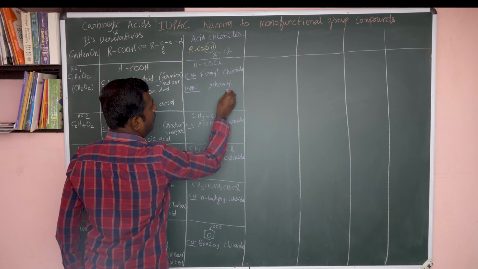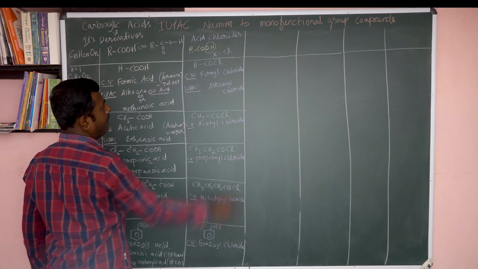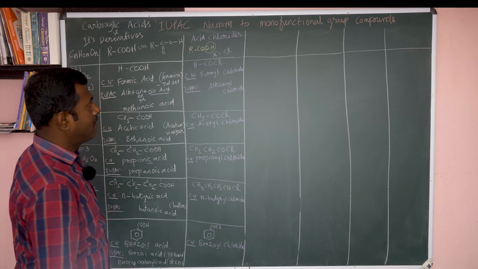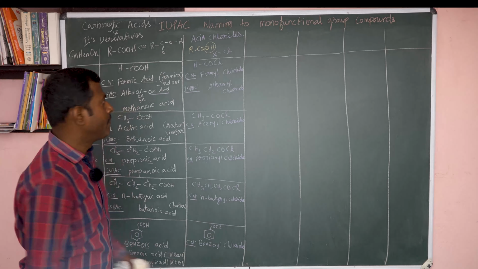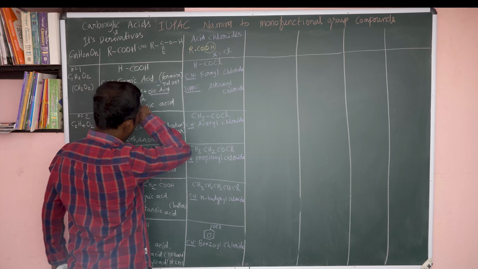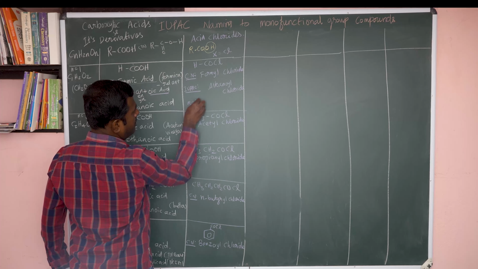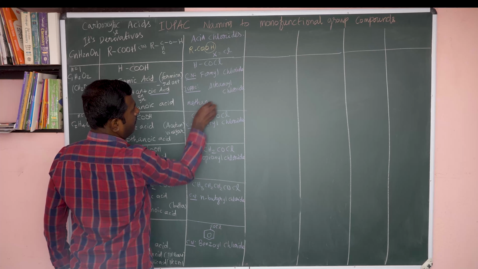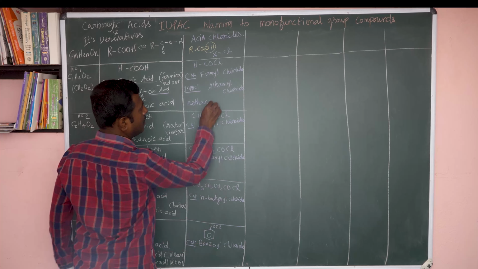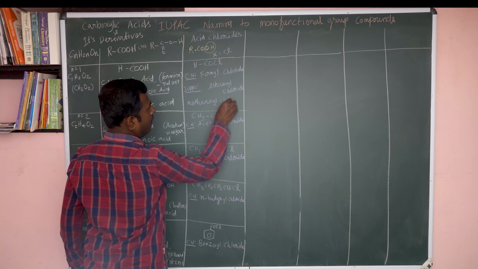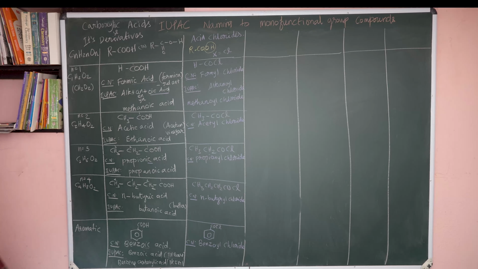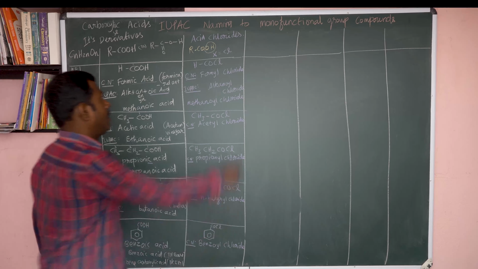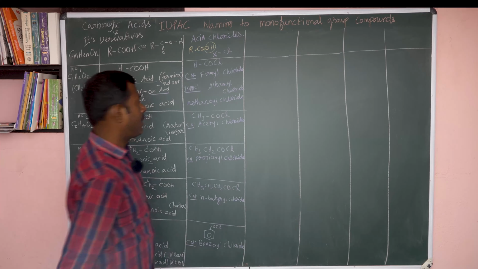For acid it is oic acid, but for acid chlorides, oyl chloride. So for formyl chloride, the root word is meth, no double bond, so an, oyl chloride. So methanoyl chloride. Formyl chloride, its IUPAC name is methanoyl chloride.